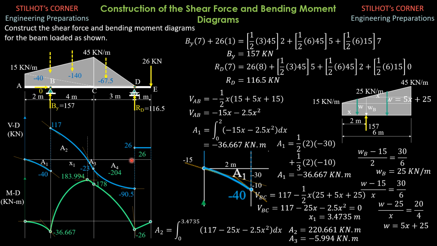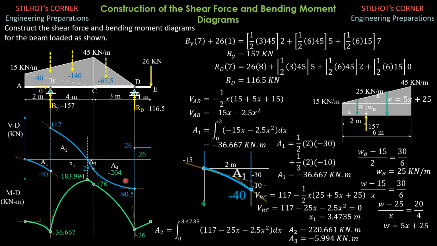So area 4 is negative. It is area of rectangle. The area of rectangle is 3 meters by 90.5. Then area of spandrel 1/3 of 3 times, as I said, 67.5. And you will get negative 204. You just do it with your calculator. Make the area of rectangle positive, then minus area of spandrel positive also.